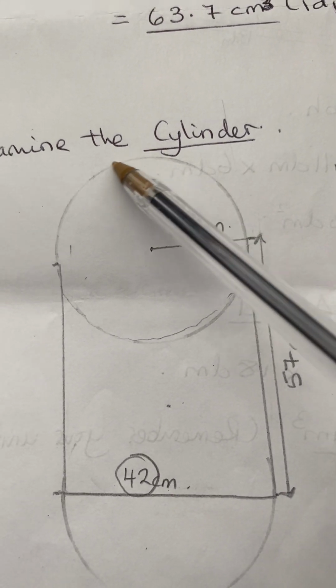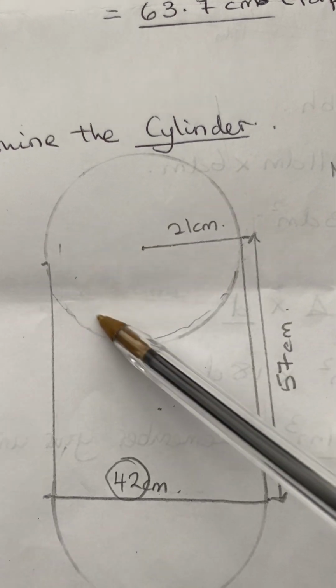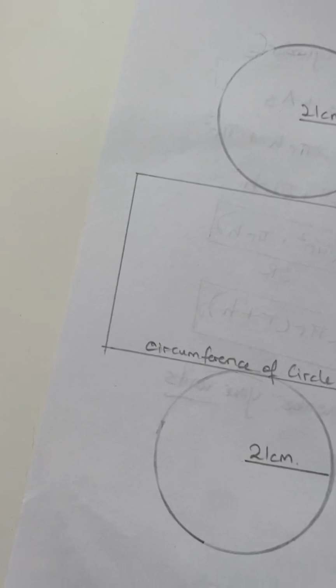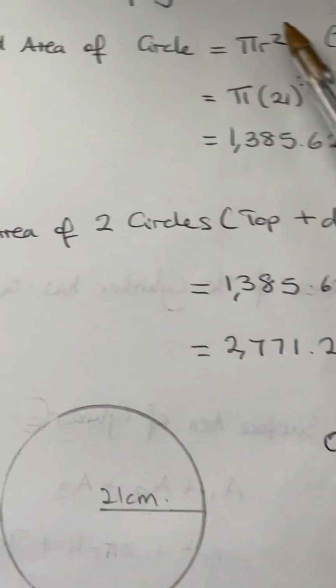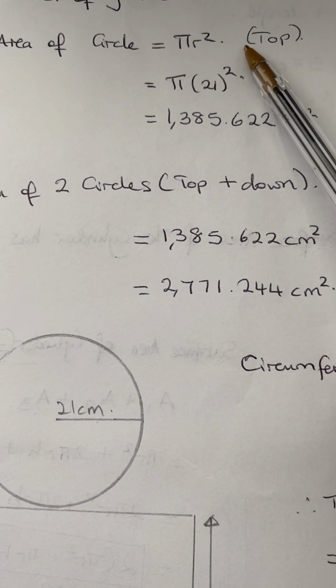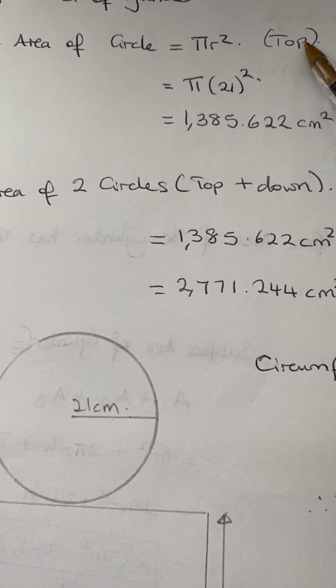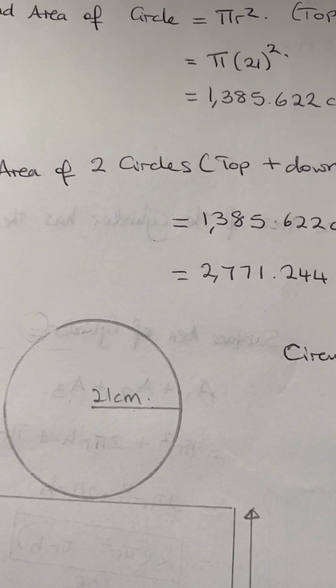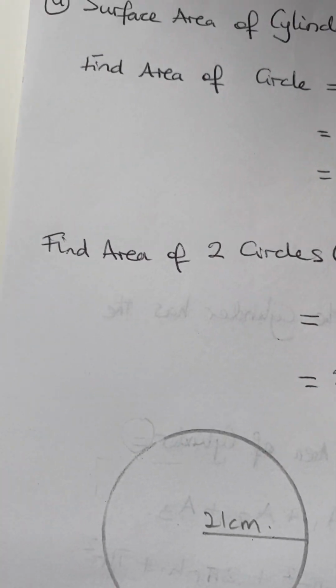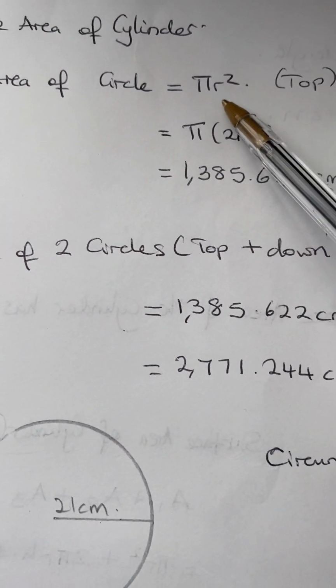Now what is the area of a circle? We need that formula. The area of a circle is pi r squared. So the top part, this circular part here, we are going to find the area, which is pi r squared.